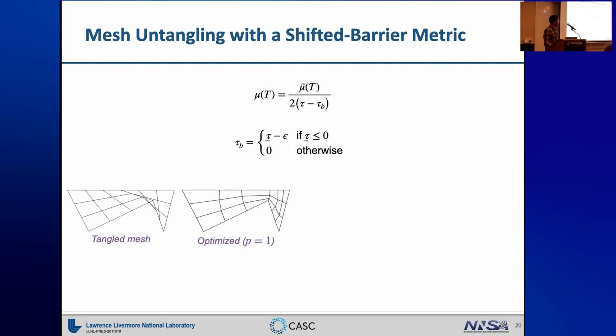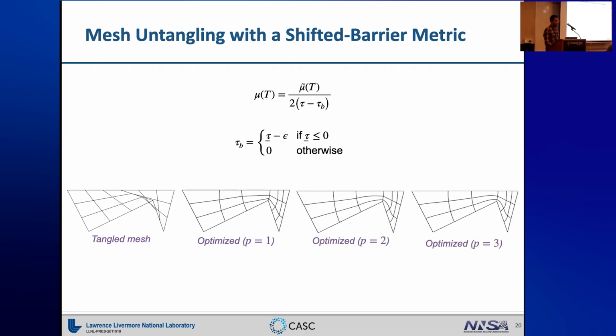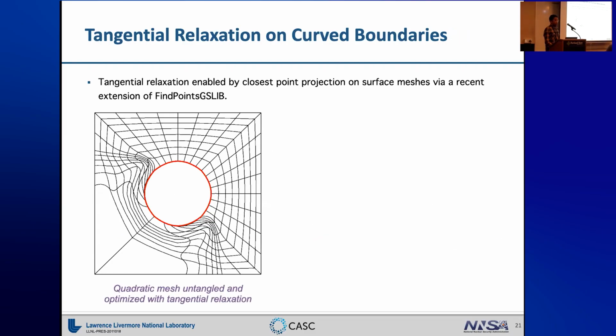And here, this is one of our benchmark cases from Pat's paper for mesh untangling. So you see a mesh untangled for p equals 1, 2, 3. A more practical example of mesh untangling and a new capability: we have tangential relaxation on curved boundaries now. Until now, we would keep mesh nodes on curved boundaries fixed. We would only slide them on Cartesian aligned boundaries.